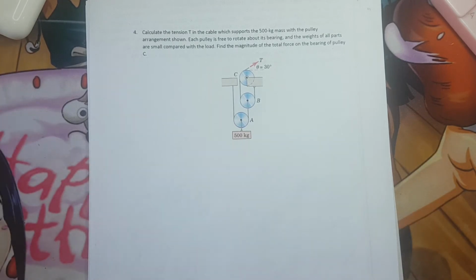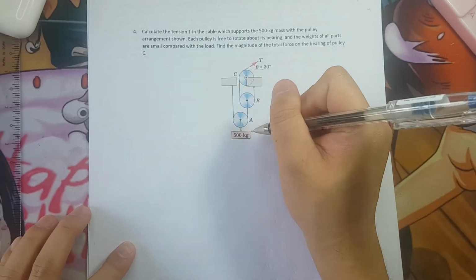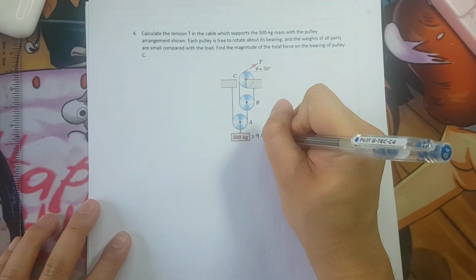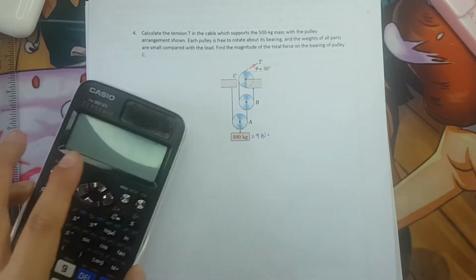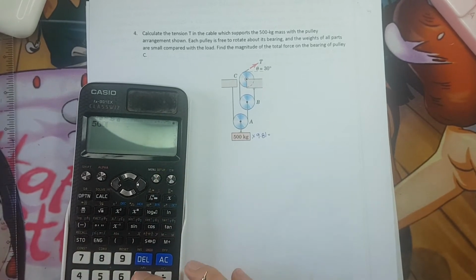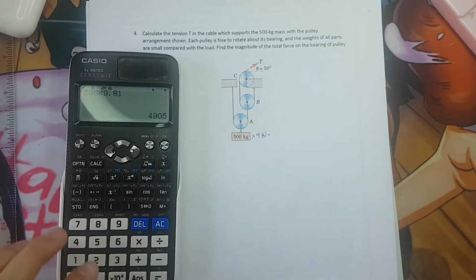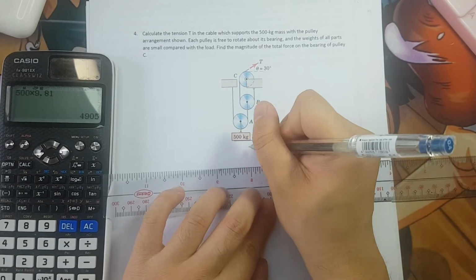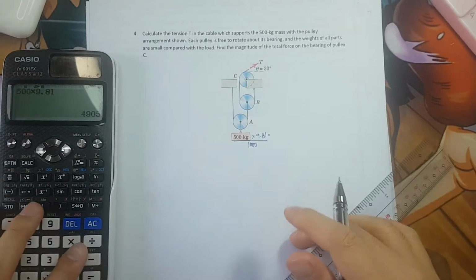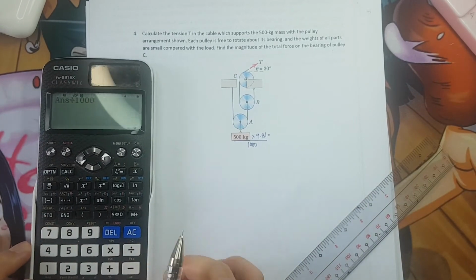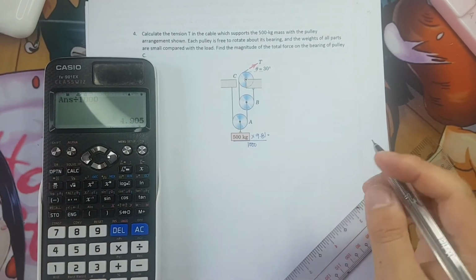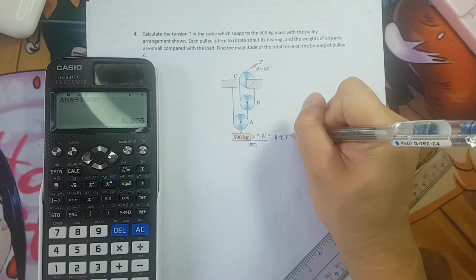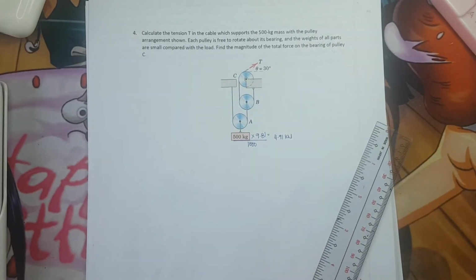In doing so, we need to convert the 500 kilogram mass into its weight by multiplying it by 9.81, and that is equivalent to 500 times 9.81 divided by 1000 to make it in kilonewtons. So divided by 1000, that is 4.91 kilonewtons.